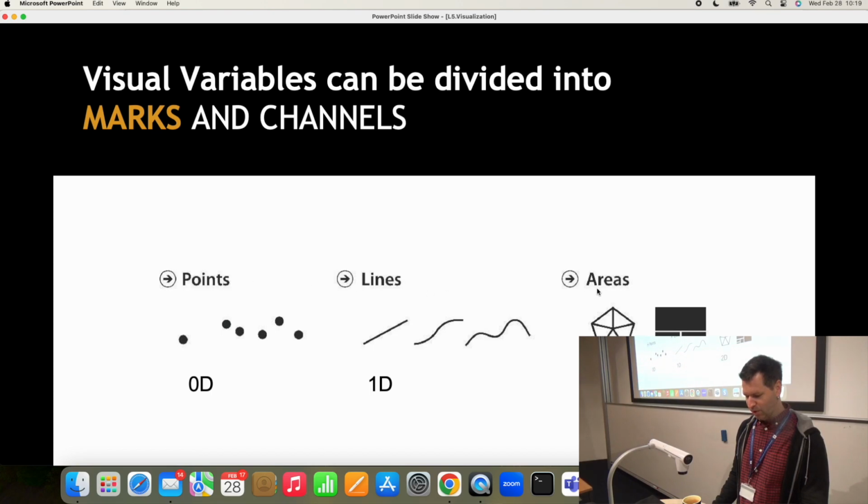So we can encode data in points. We describe points as having zero dimensionality. That's what 0D means. We describe edges or lines or curves as one-dimensional, and that one dimension is length. And then areas we describe as two-dimensional, right, because they have a width and a height.